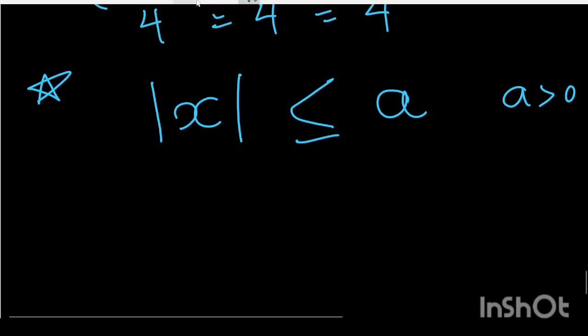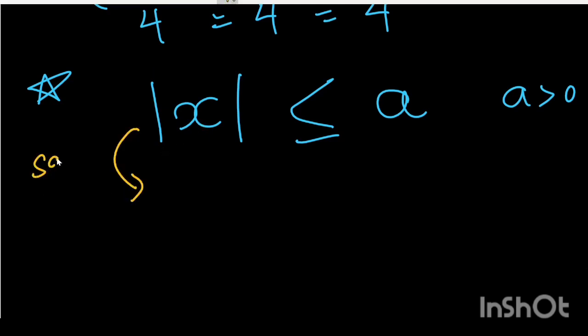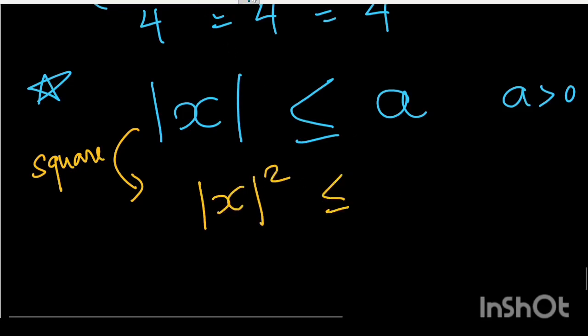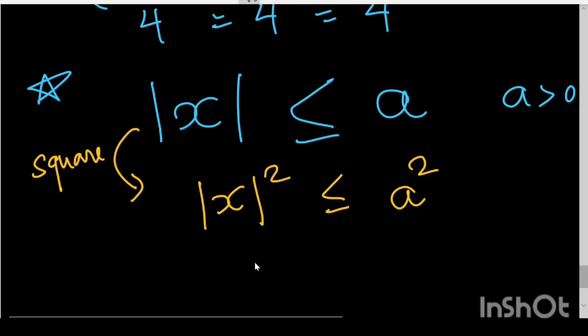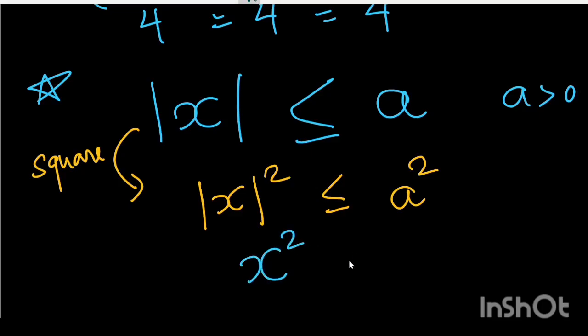We know from inequalities that if both the numbers are positive, we can square both sides. So when you square both sides, |x|² less than or equal to a² it becomes, and |x|² we know is x², so x² less than or equal to a².